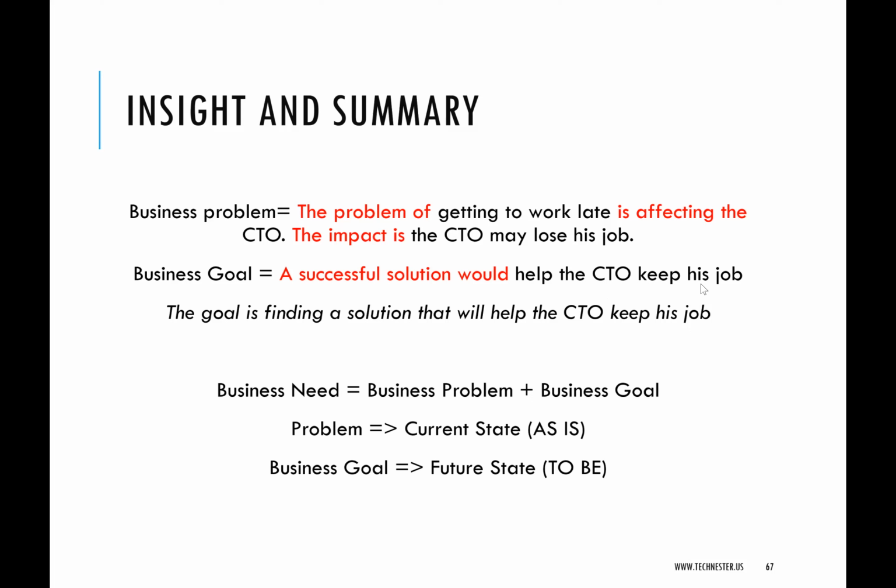At least it's helping us get a sense of what the current state is. It doesn't give us a full picture, but it tells us, okay, this is where we are now. Where we are right now as a business, maybe we cannot do some things, and that's the problem. And a solution will be, we want to do those things. So that becomes our business goal.